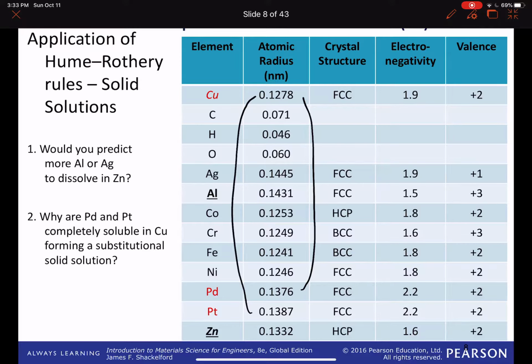Quite close values. As a quick check, you could take one. Again, we'll take the difference between the two, so 0.1387 minus the 0.1278.